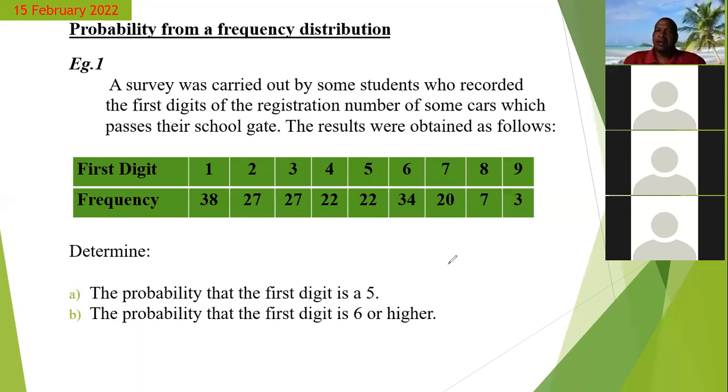Is it 200? In your calculation, you got 200? So I got 180. All right. So what did you do to get the 180? Mr. Adams, what did you do to get your 200? I added all the frequency numbers.